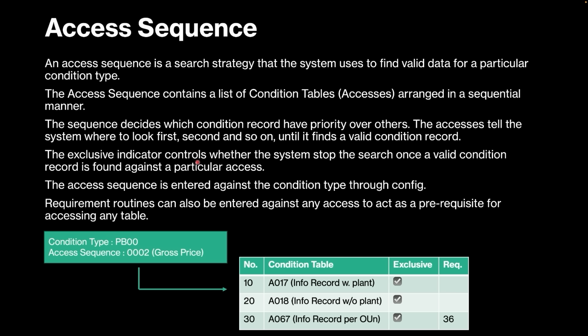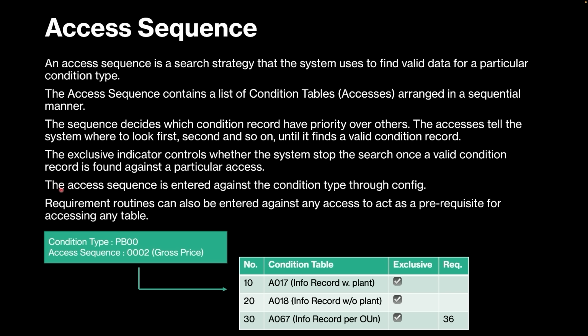Okay, then against this access sequence you can also enter certain requirement routines. So before accessing the condition record, the system will first read this requirement routine, and if the condition entered in that routine is fulfilled, then only the system will read the condition record in that particular condition table.